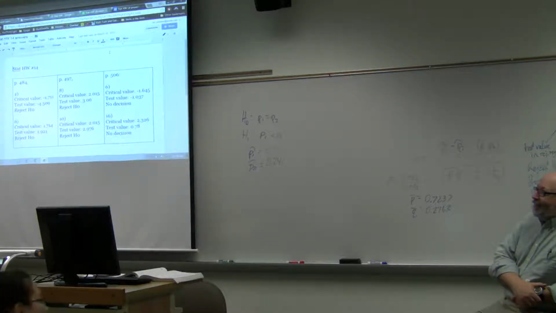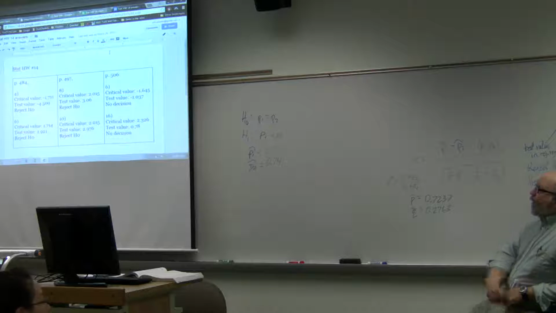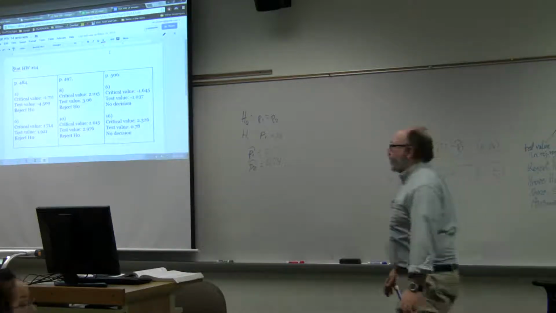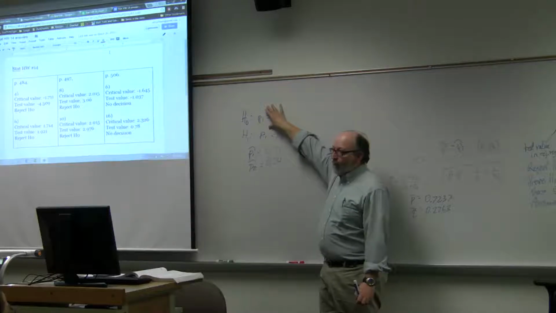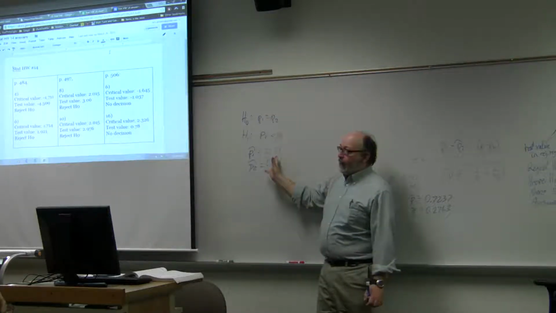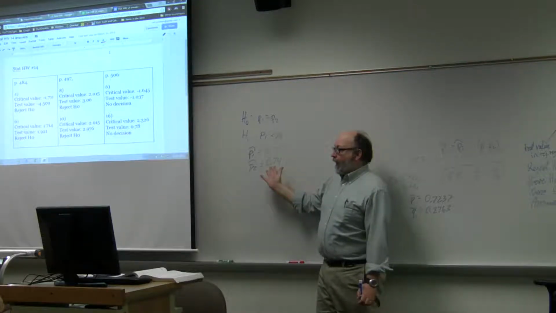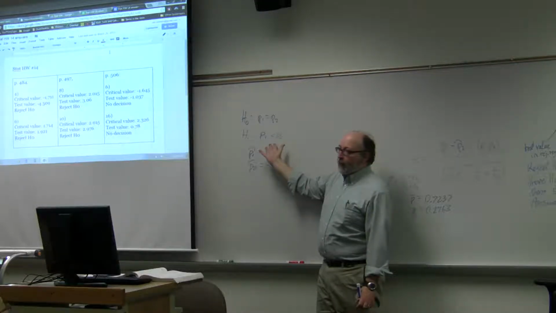Can you explain more about how you know how to use the less than and the equal sign? Okay, so our null hypothesis always has the equal sign. Then we look at the actual sample data to see what the samples are telling us. And then we decide whether this is going to be a less than or a greater than.